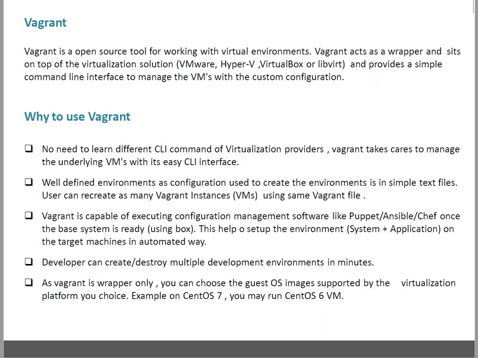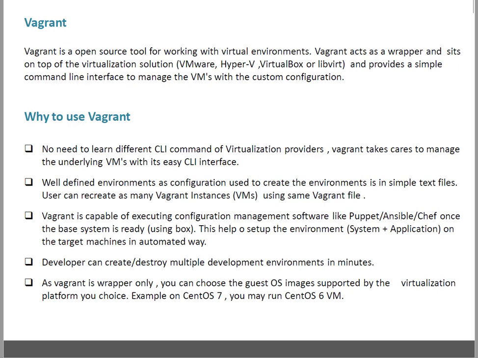So first of all, what is Vagrant? Vagrant is an open source tool for working with virtual environments. Vagrant acts as a wrapper and sits on top of a virtualization solution like VMware, Hyper-V, VirtualBox, or libvirt.